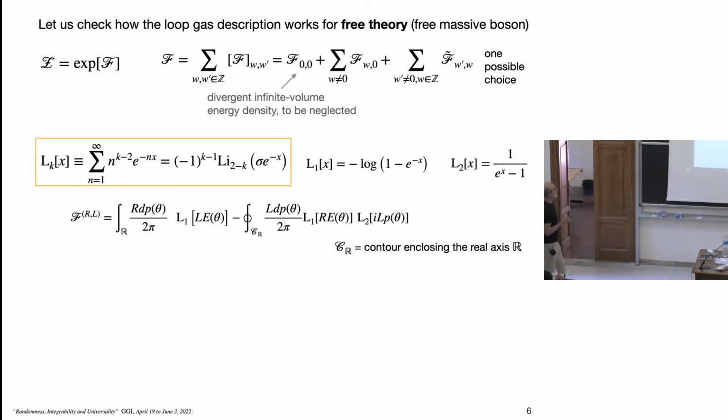So now we can just sum, because the amplitudes for the loops are very simple. We can sum explicitly over the winding numbers, and the result is this integral.